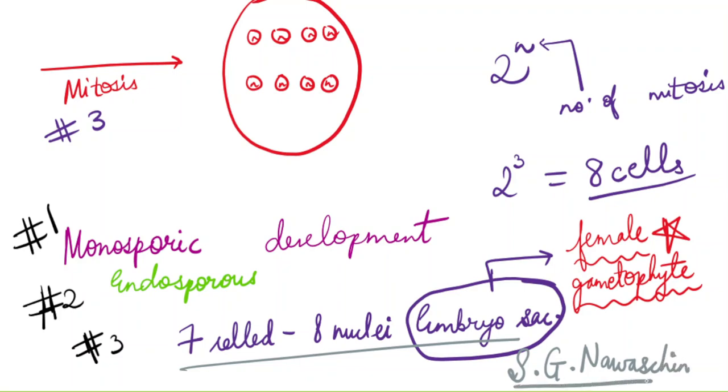He has given embryo sac development also. He discovered this embryo sac, the seven-celled, eight-nucleate structure, in a plant known as Polygonum. In this particular type of plant he discovered this structure of the embryo sac. So this is the entire thing which you should know about it.